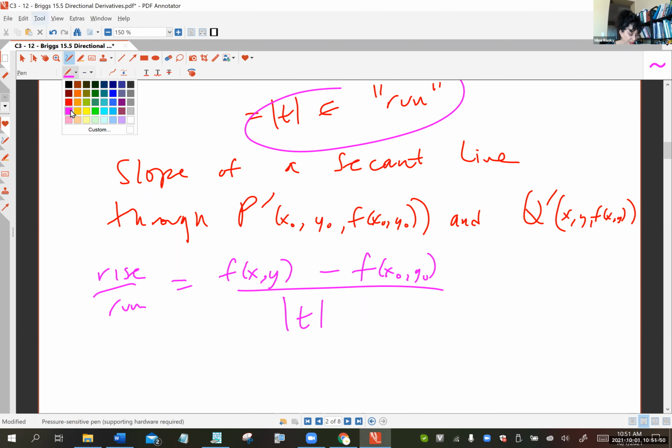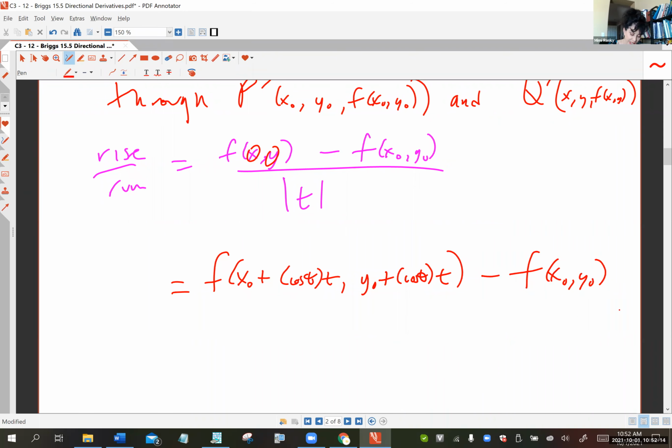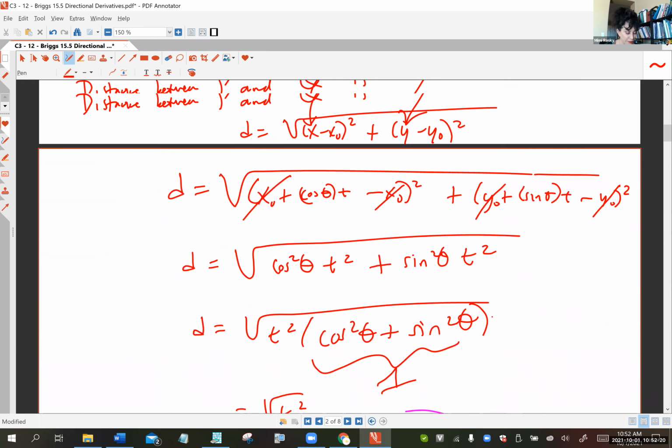Although the last little piece here before I take the limit is, remember, the x and the y have to live on that line. So the more accurate is x naught plus cos theta t for the x, and you substitute y naught, those parametric equations, and then you go like this. And now you take the limit as that run goes to 0.